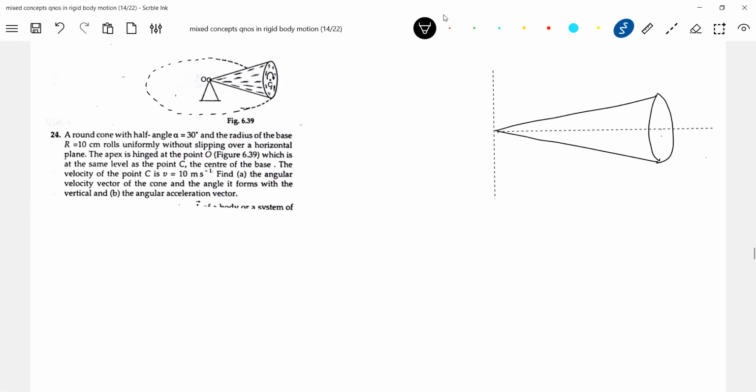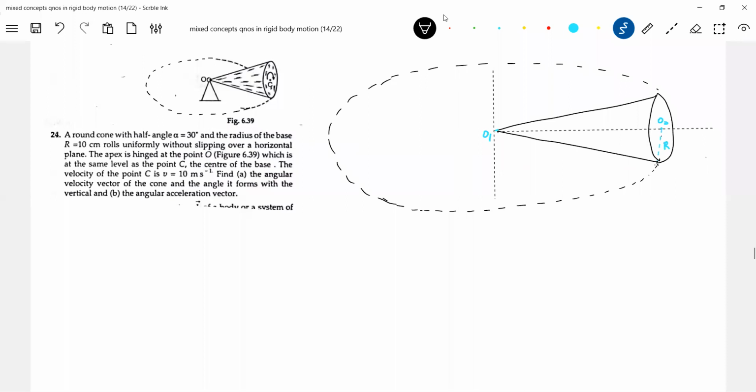There's a cone. A rough diagram. The cone is rotating, so you should be able to understand this particular thing.